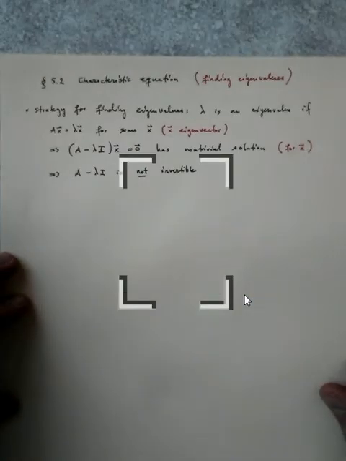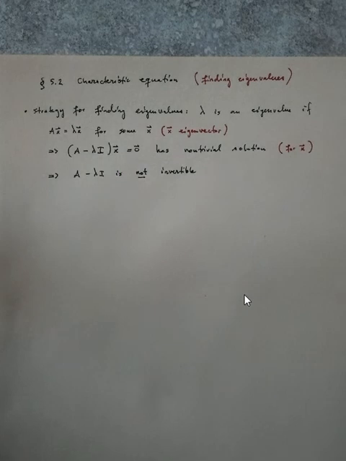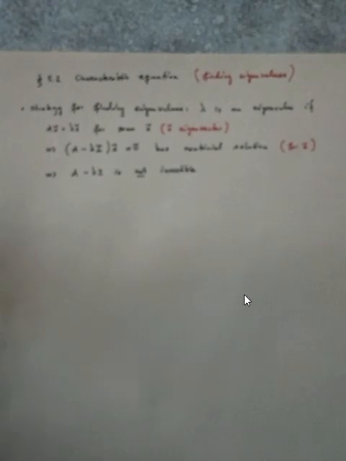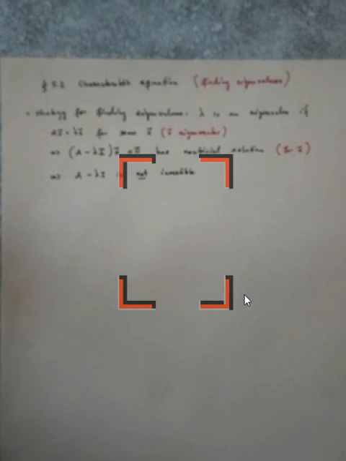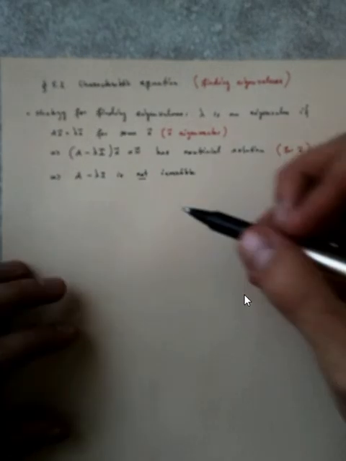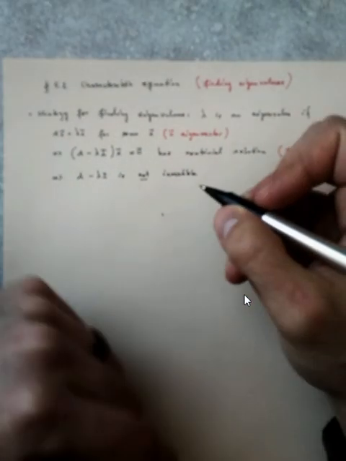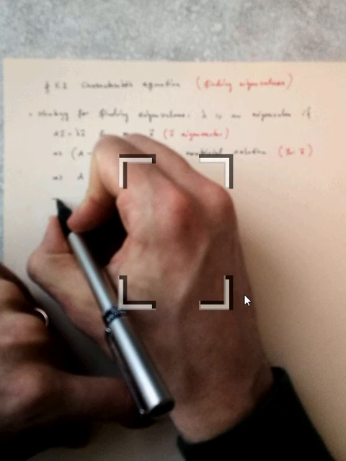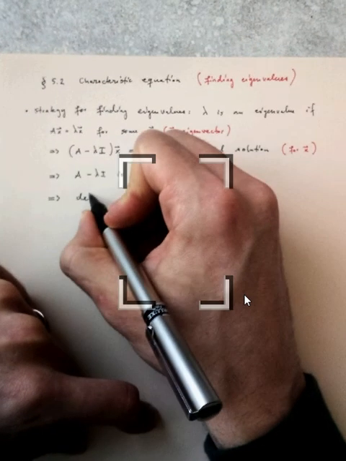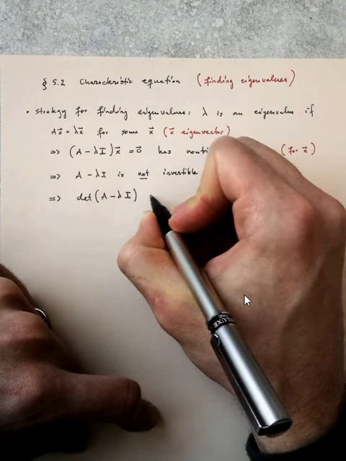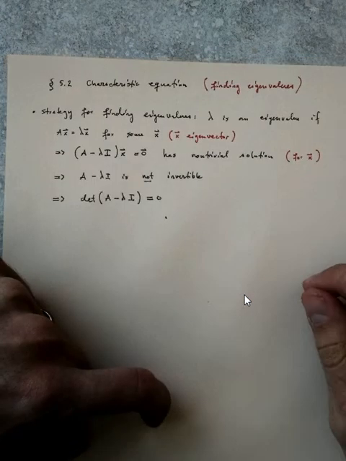Okay? So remember the invertible matrix theorem. If a matrix is invertible, then that matrix times x equals 0 has only the trivial solution. So if this is going to have a non-trivial solution, that means it cannot be invertible. So if this is not invertible, that means that the determinant of A minus lambda times the identity equals 0.